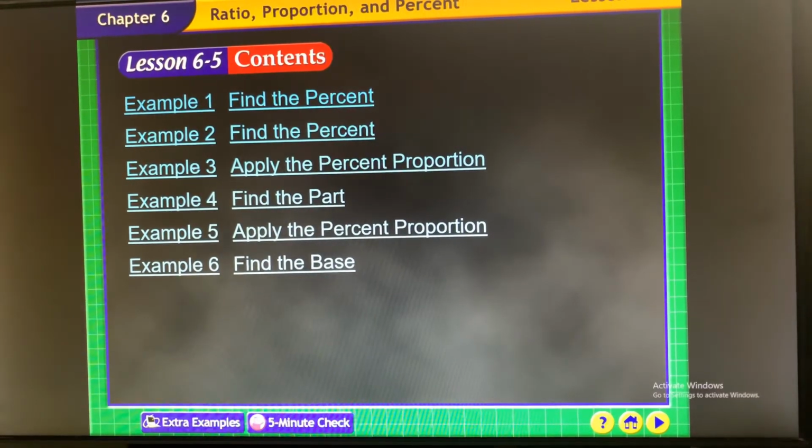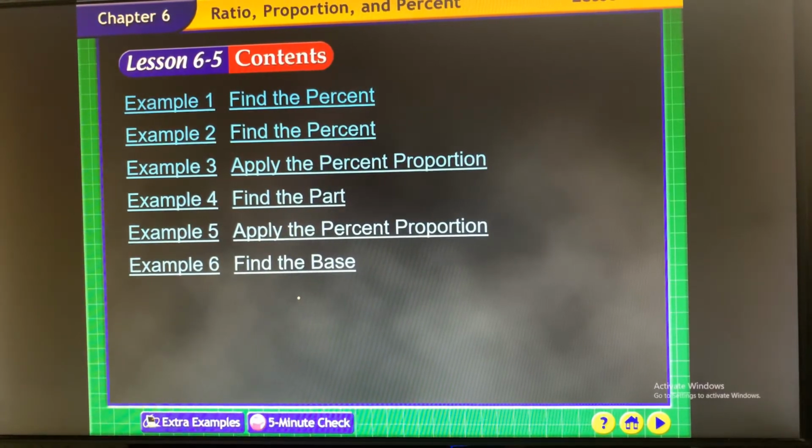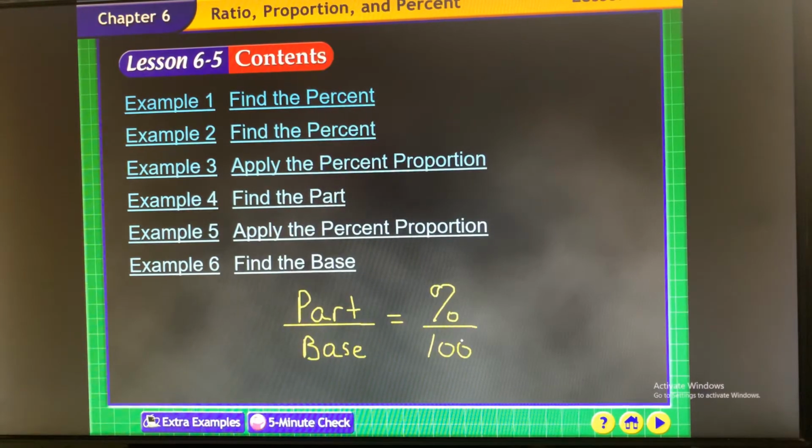All right, we are going to be doing percent proportion problems. Say that several times fast. You need to know the basic setup for our proportions. It's part over base equals percent over 100. So what this is going to turn out to be is cross multiplying and dividing.